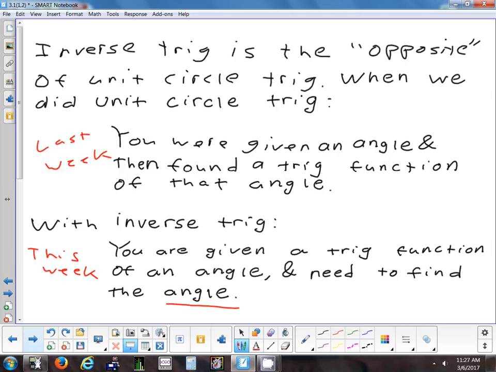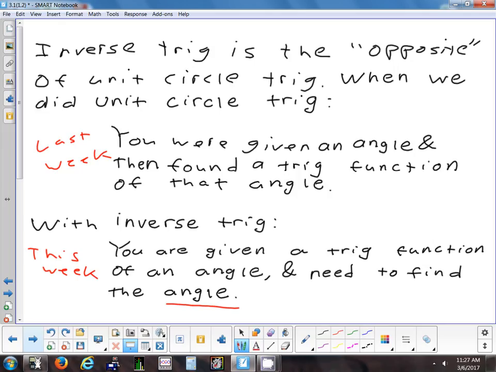There's a couple ways we can work backwards to get the angle. One way is to use that chart that I showed you, that you all have. This chart will not work for every single angle that's out there. If you look at that column of all the angles, what kind of angles are in the column?